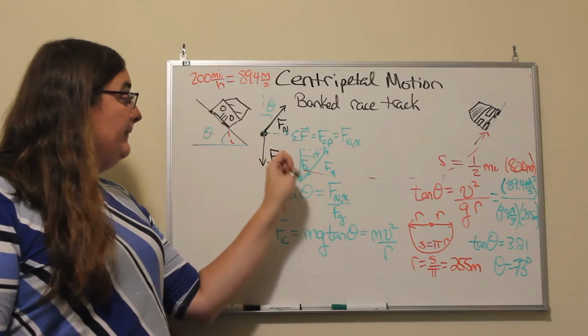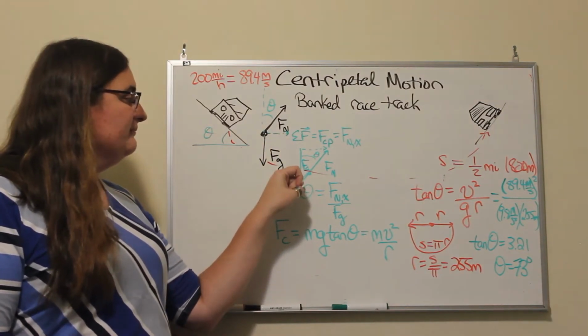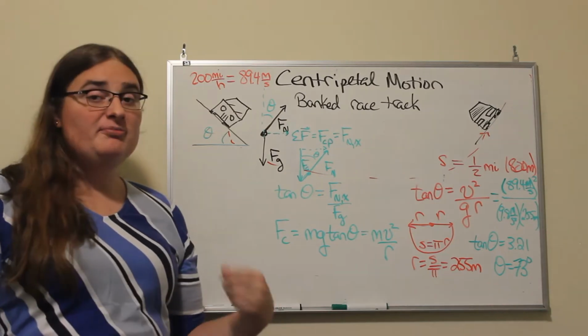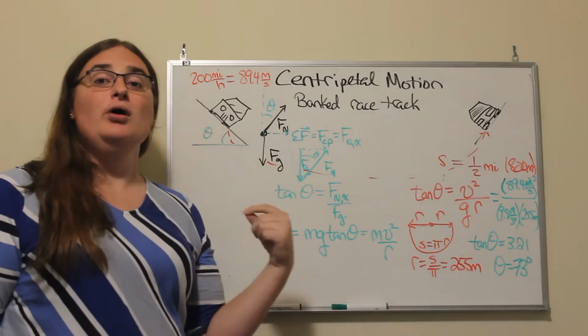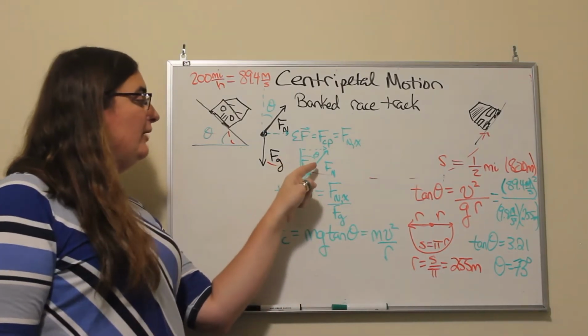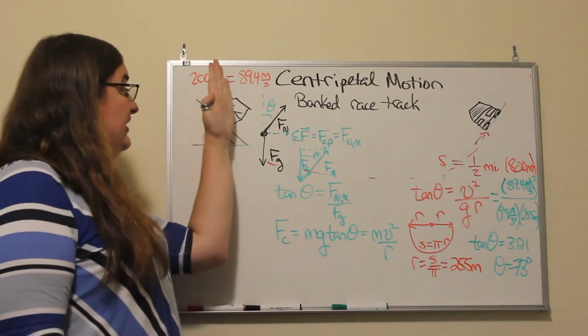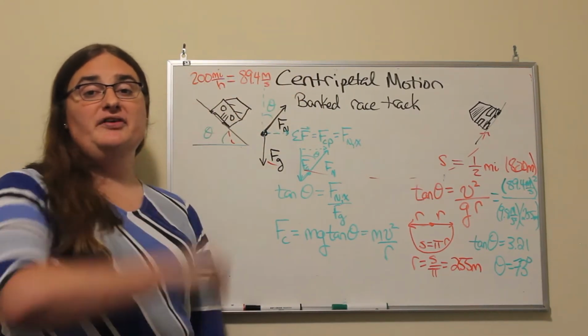So by putting the normal force at the end of my weight vector, I form two sides of what would be a right triangle, where the angle between my weight and the normal force is the angle that the ramp is tilted above the ground.